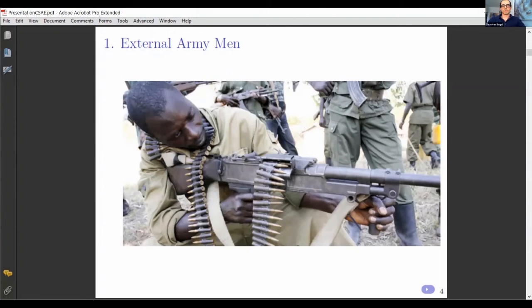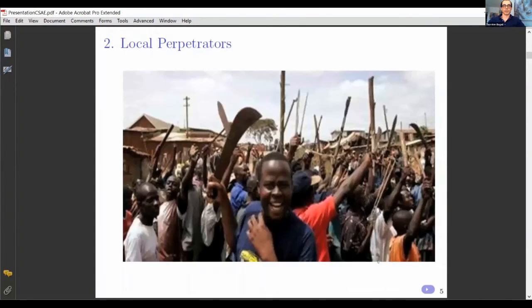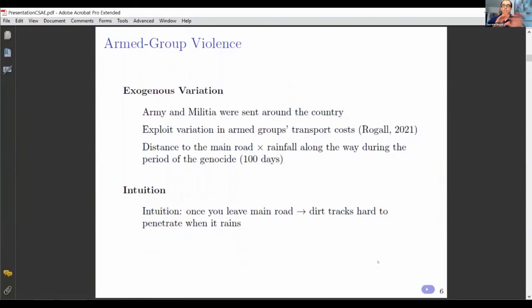For the first part of the paper, I'm going to give you variation in the first type, okay? The army and the militia were sent around the entire country during the genocide. And what I'm going to exploit is their transportation cost, okay? They did not fly, they took buses or trucks, and so they were affected by the road condition.